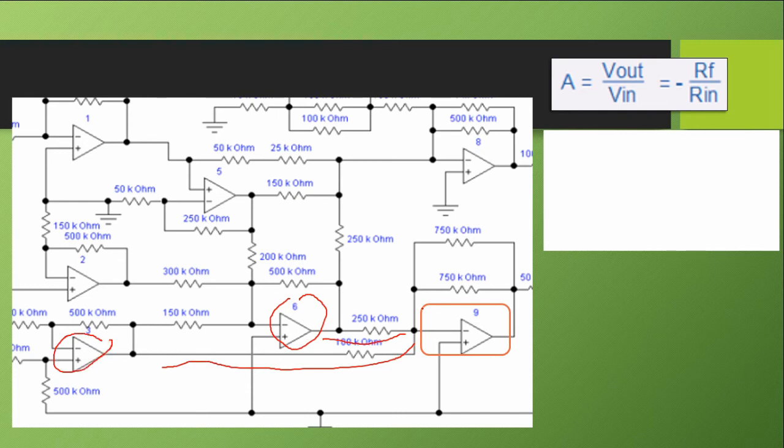How about here? This is connected to ground, just like how we analyzed op amp 8. But we have coming from op amp 5.